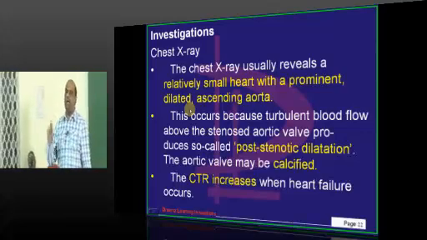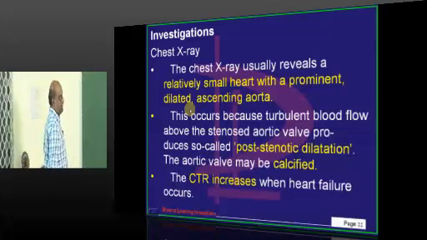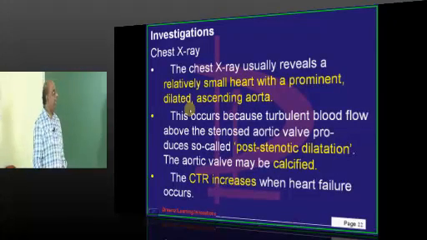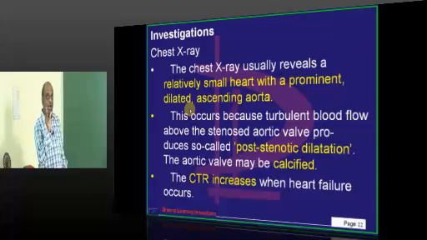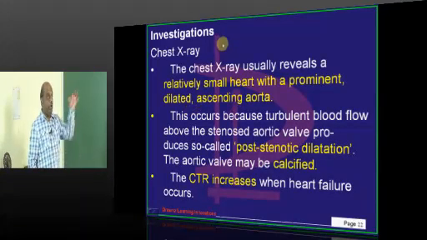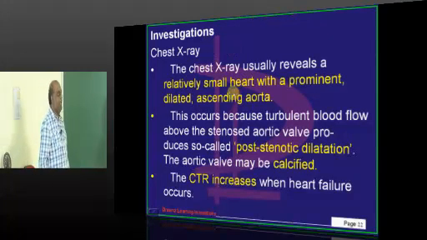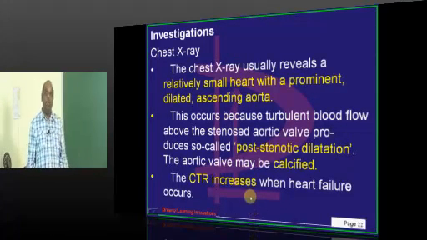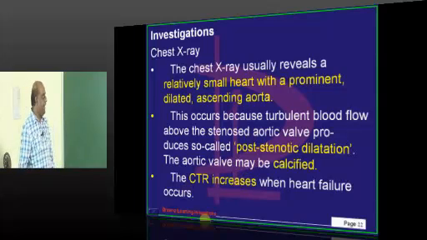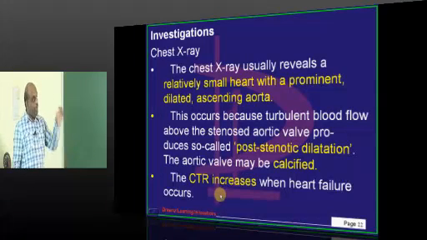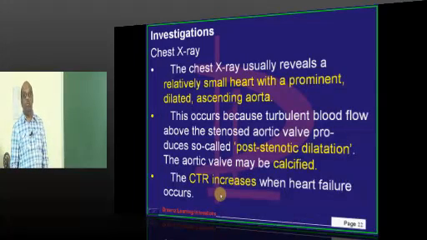Now, if you take the chest radiograph, what do you come across? Typically we have a small heart because it is not a dilated heart as in aortic regurgitation, with a prominent dilated ascending aorta. You may appreciate calcification in the aorta, and valve calcification can also be found.